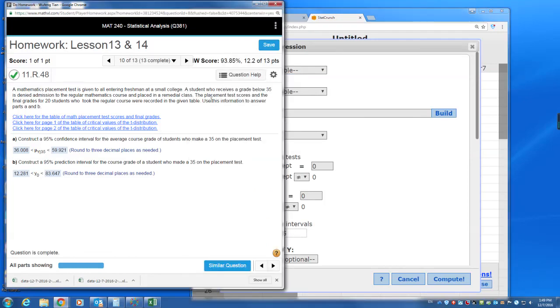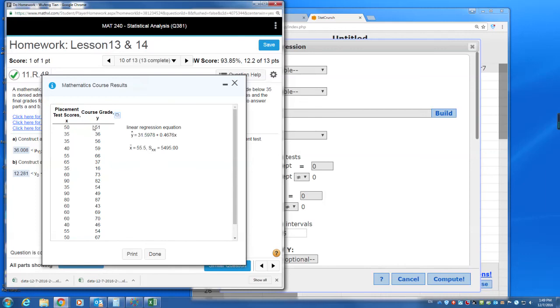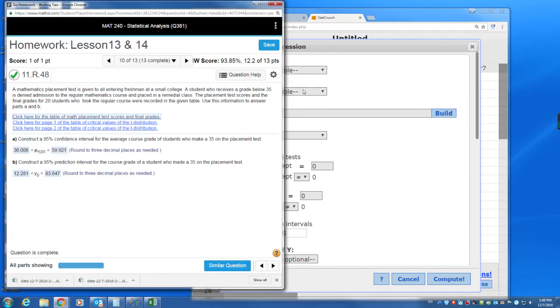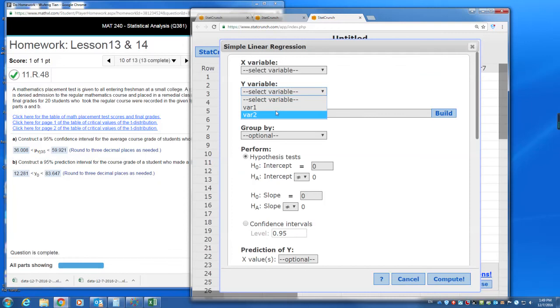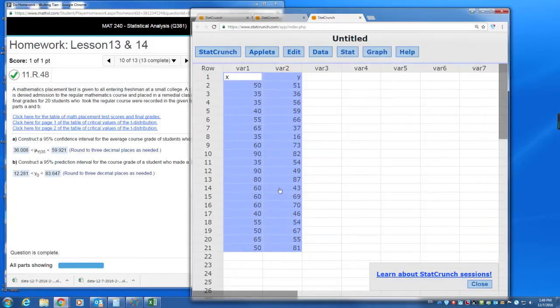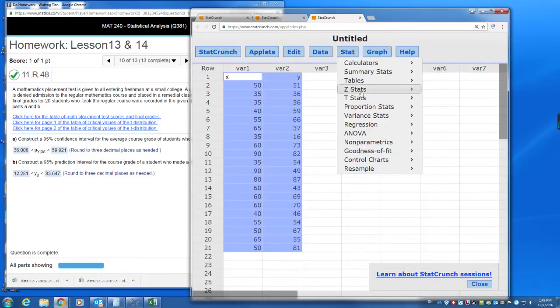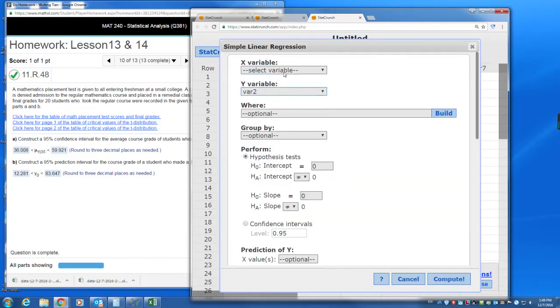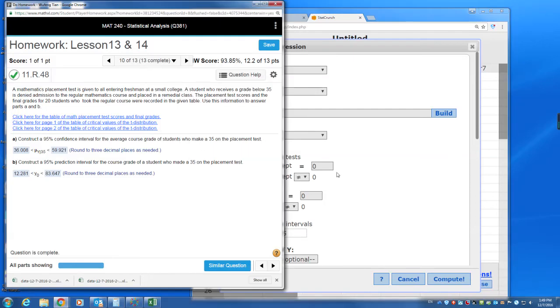Let me see. I need to see what is X, what is Y. Y is course grade. So just do Y values. Linear regression is the same. So Y is this one, X is this one. And you do 95, 35.